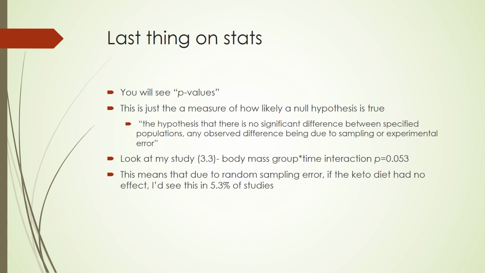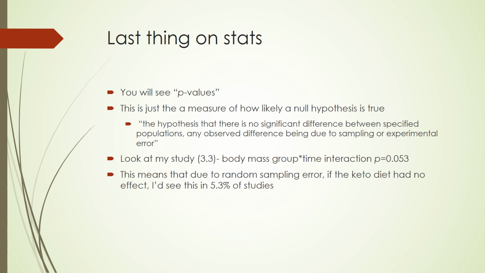So here's an example. In my study, there was a body mass group by time interaction, and I got a p-value of 0.053. What this means is that just due to random sampling error, I would come up with the exact same results 5.3% of the time. Does that make sense to everybody?